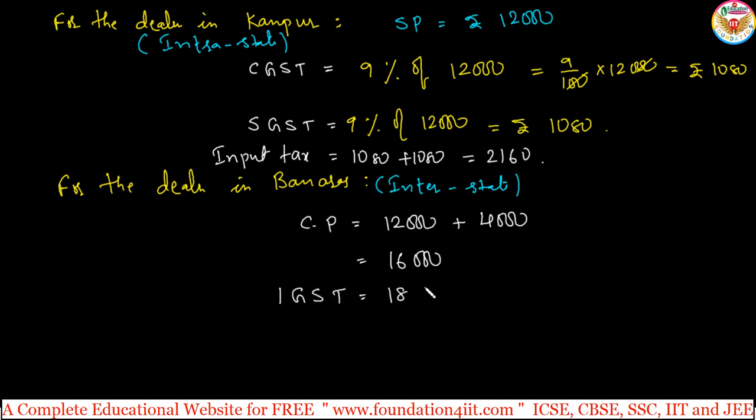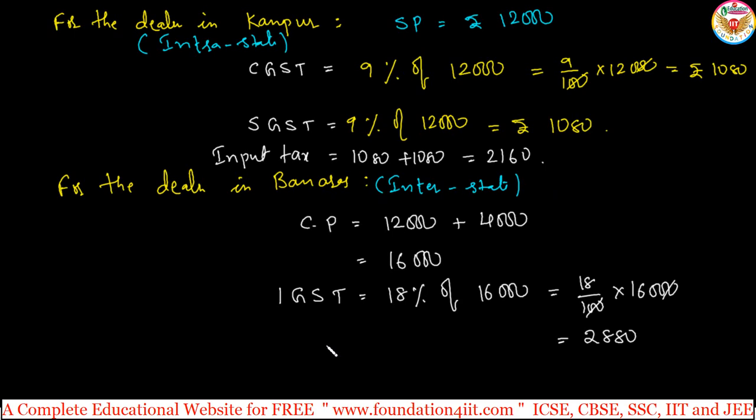Directly, how much is mentioned? 18%. So 18% of this 16,000 you should calculate: 18 by 100 into 16,000, 160 into 18, 2,880. So input tax credit is 2,160, and this output is 2,880.